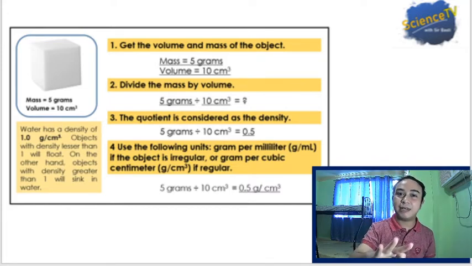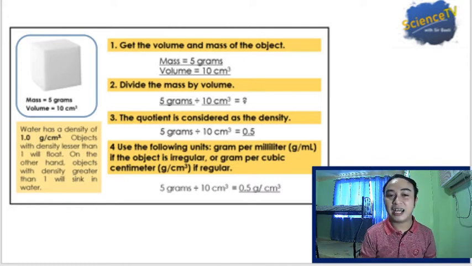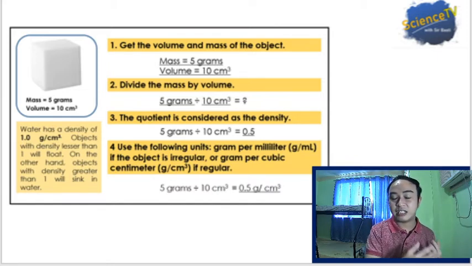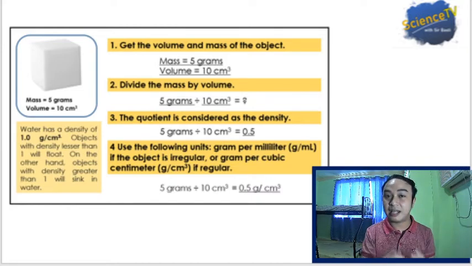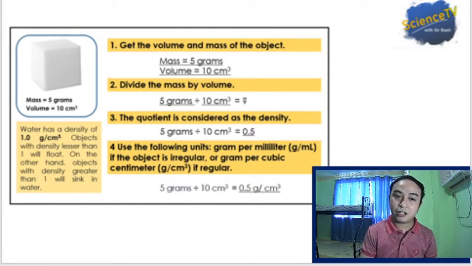And the third step, the quotient is considered as the density. So the answer of the division or the computation you made in step 2 is the density. Quotient is the answer after dividing numbers. Now that quotient is actually the density of the matter or object.